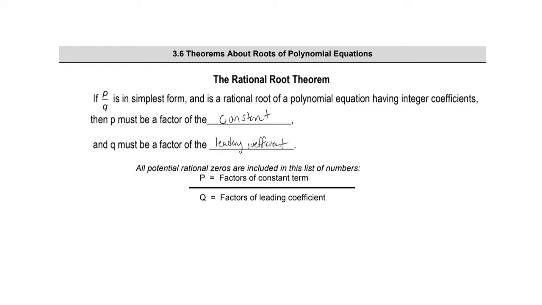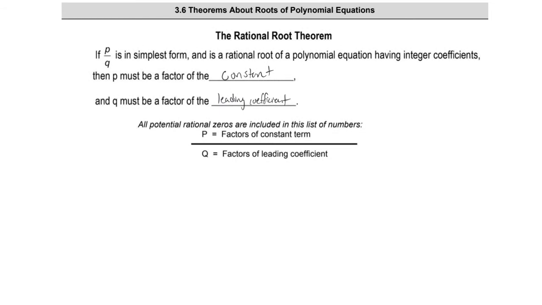Okay, so just looking at an example of a polynomial, say we have 2x to the fourth plus 3x plus 7. This 2 is our leading coefficient, which we call q.